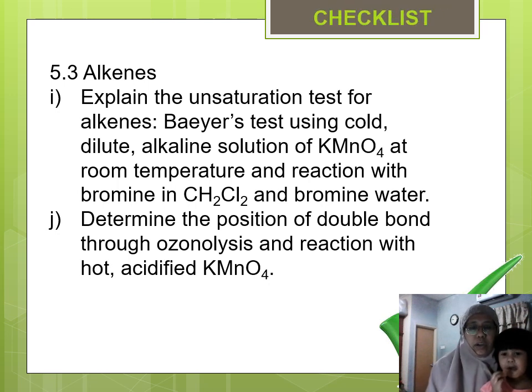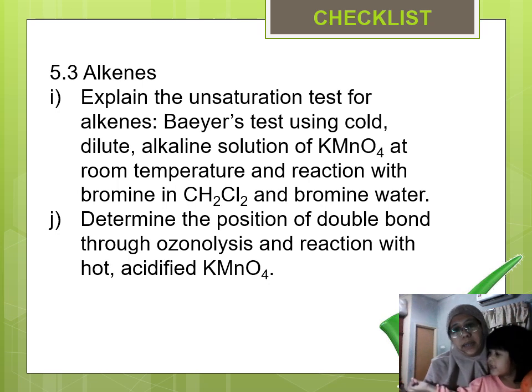So we have learned all the reactions of oxidation on alkene, which is using Baeyer's test, the basic potassium permanganate, and then another reaction would be the acidic potassium permanganate, and the third one would be the ozonolysis.